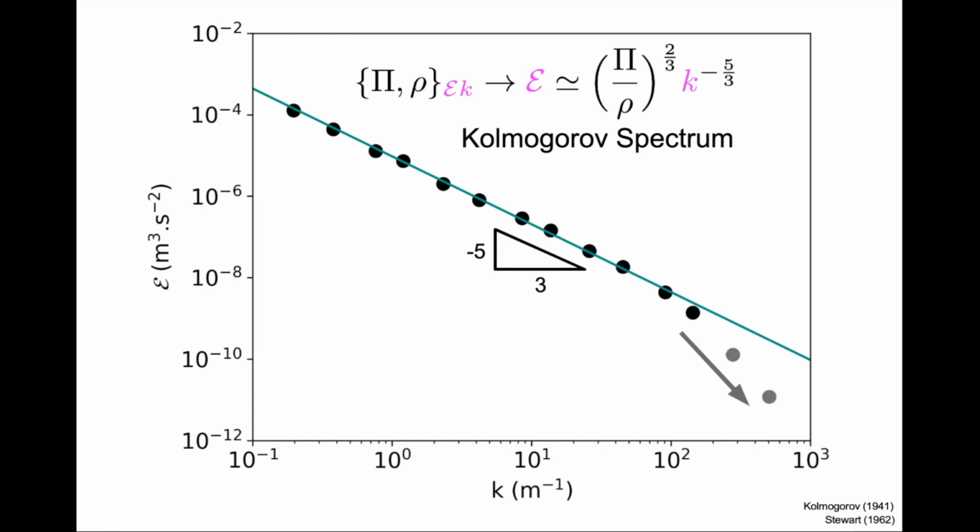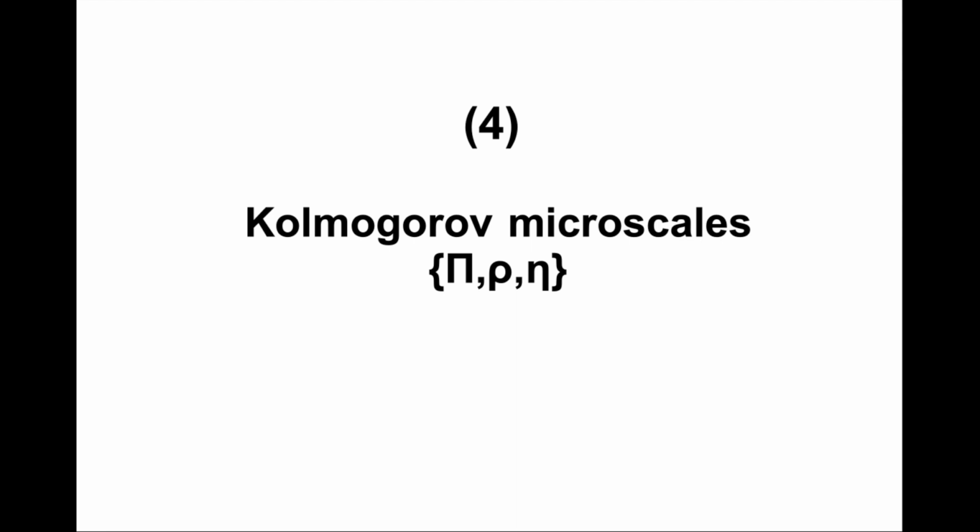But this scaling breaks down above some high enough wave number. And high wave numbers correspond to small sizes. In the context of turbulence, one speaks of Kolmogorov microscales. At the transition, the power density pi and mass density rho of the inertial range combine with the viscosity eta.